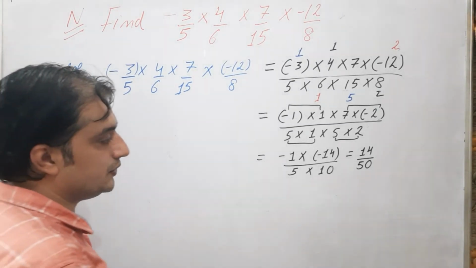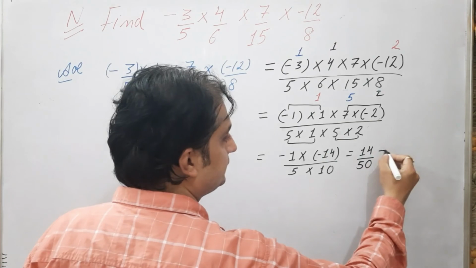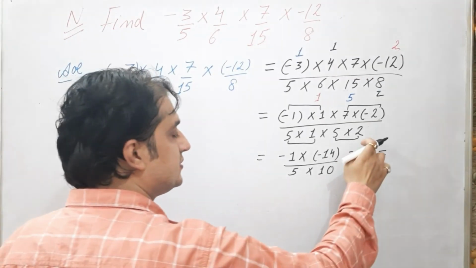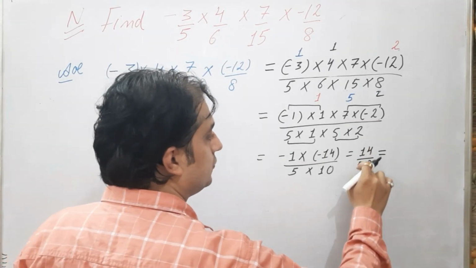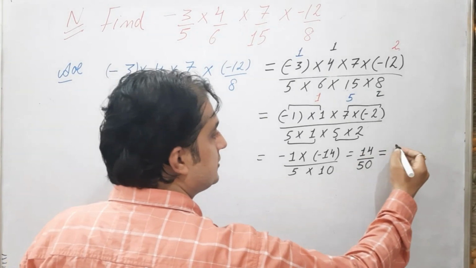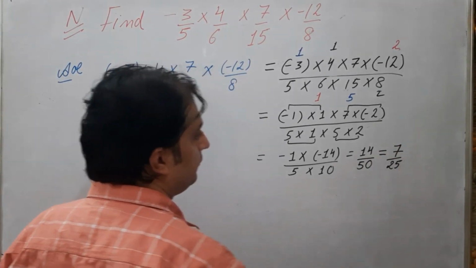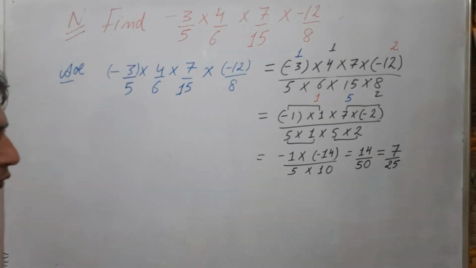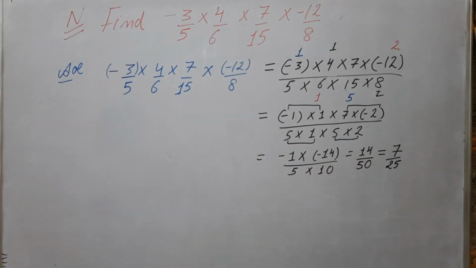You can further reduce it to the lowest form. 14 is divisible by 2 and 50 is also divisible. So 2 sevens are 14, 2 twenty-fives are 50. So this is the product of the 4 rational numbers.